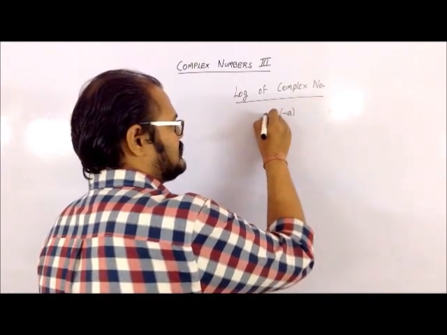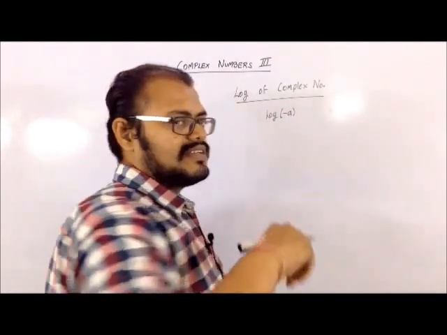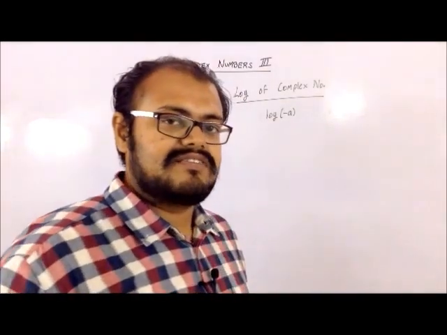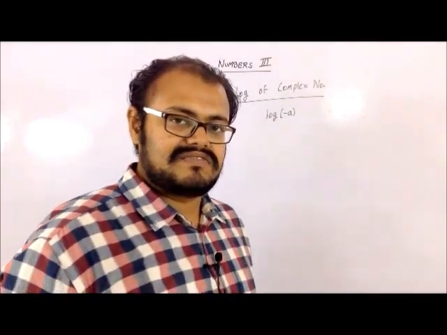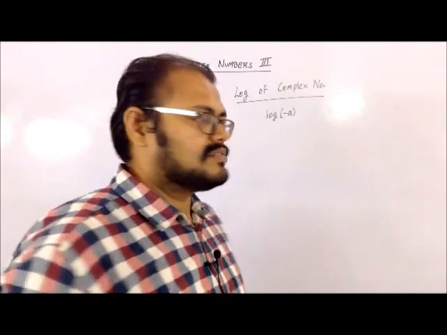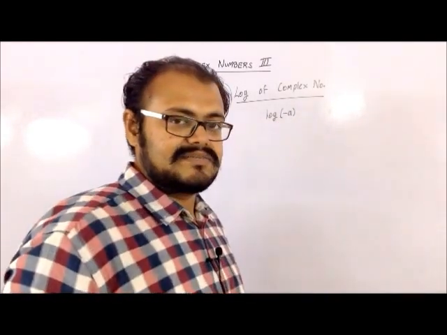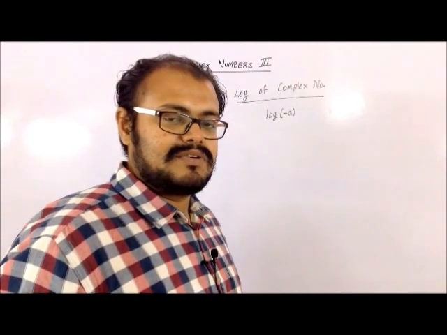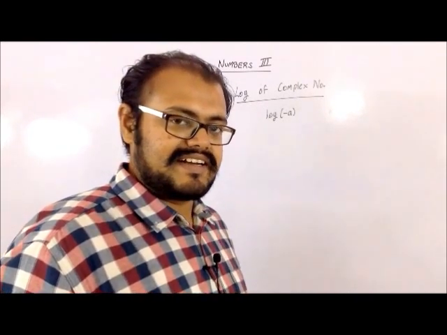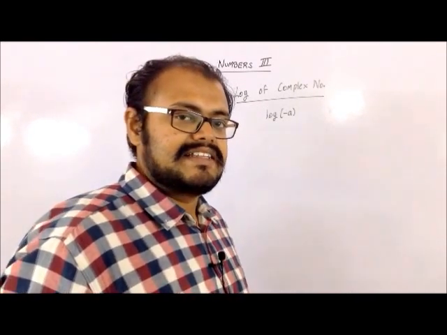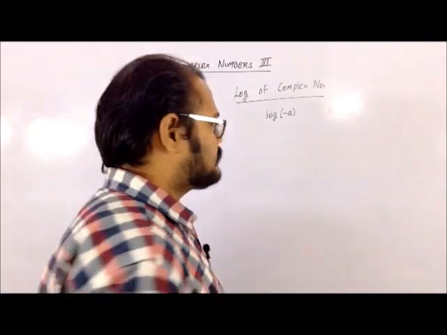Want to find log of minus a. Since you can see that I am using a normal l over here, I have to find the principal value of this. So what I do is I first represent minus a in exponential form, or in r and theta, to find the modulus and the argument of it.